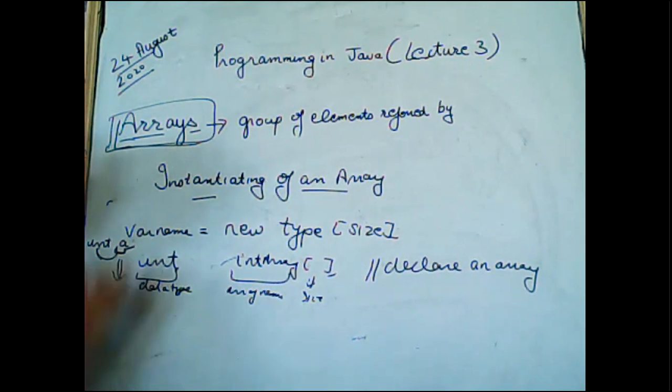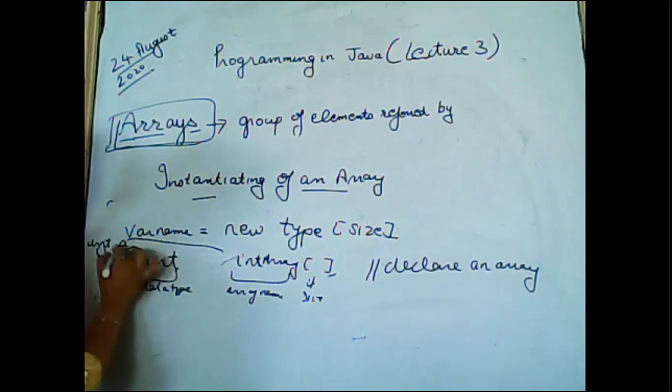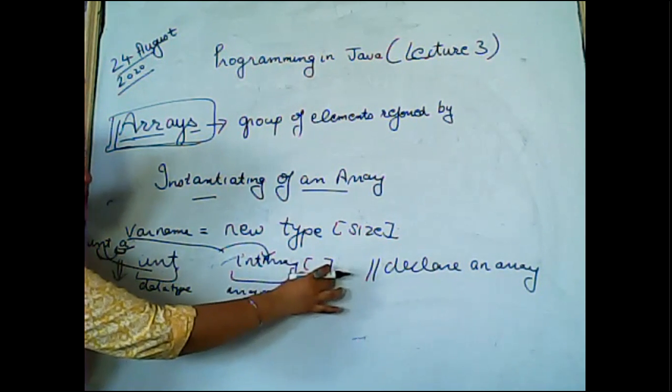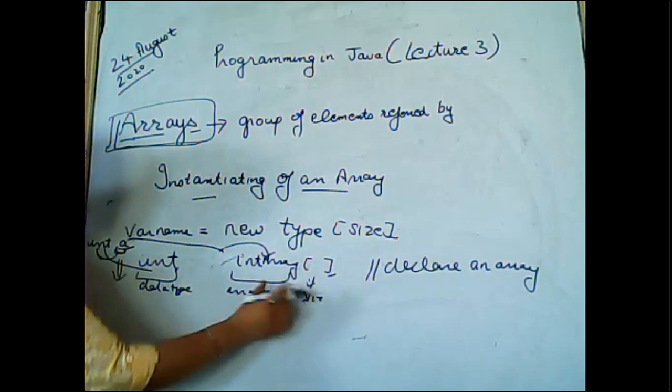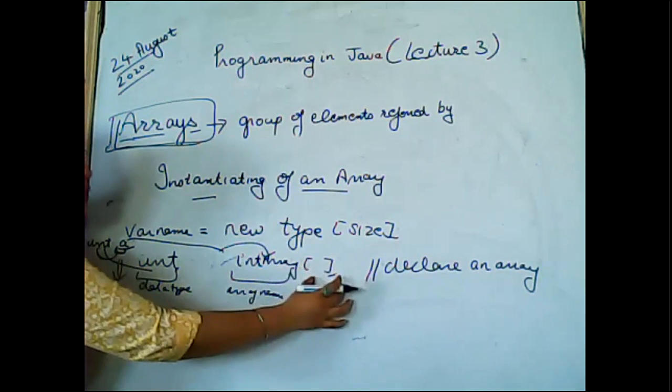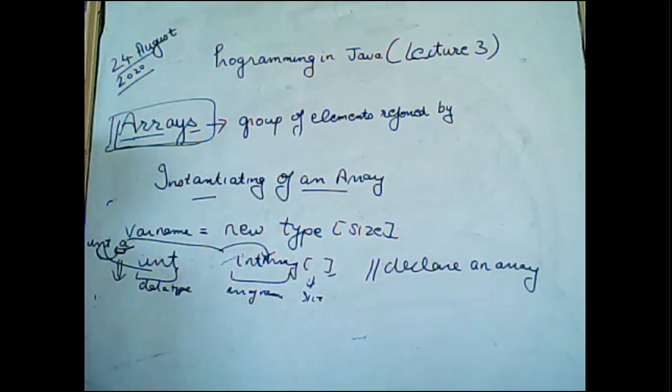An array is a group of elements or variables that are defined with the same name. So the same data type will be there, but instead of a single element, you represent it with the help of brackets. That tells you we are not talking about a single element, but a group of elements. Fine.